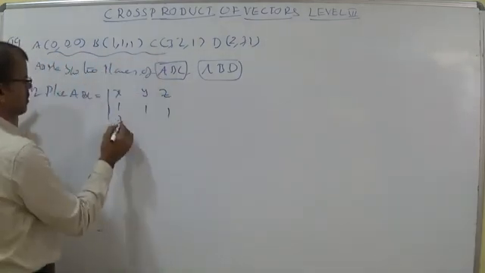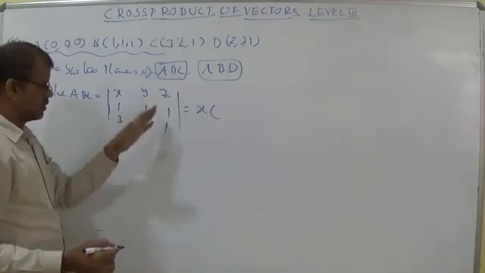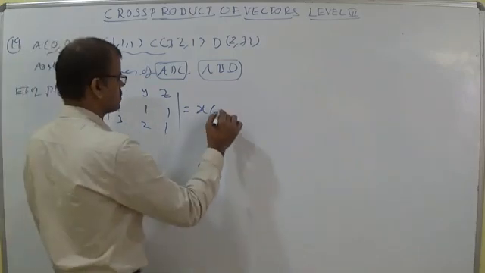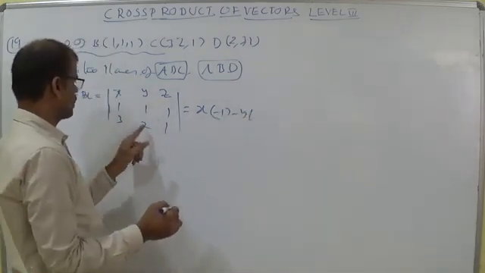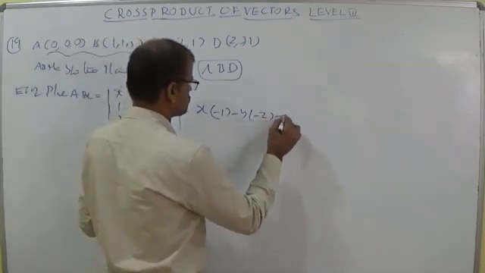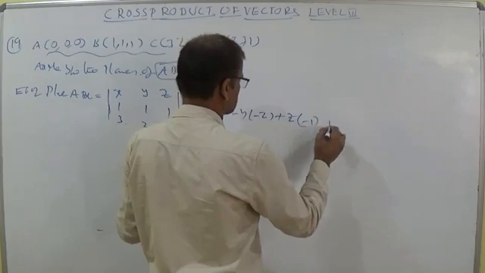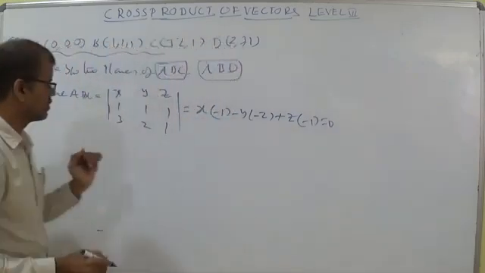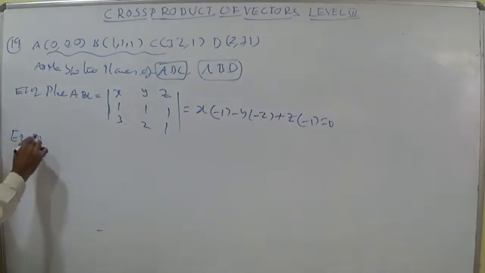C bar minus a bar: 3, 2, 1. Calculate the determinant: x into 1 minus 2, that is minus 1, minus y into 1 minus 3 becomes minus 2, plus z into 2 minus 3 is minus 1, equal to 0. Leave it.